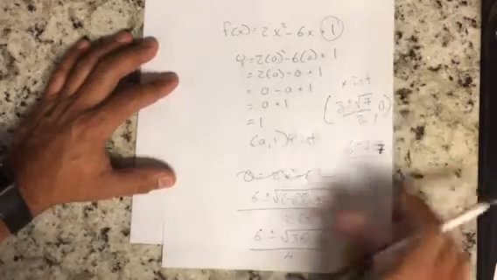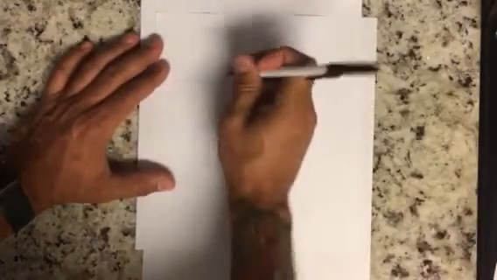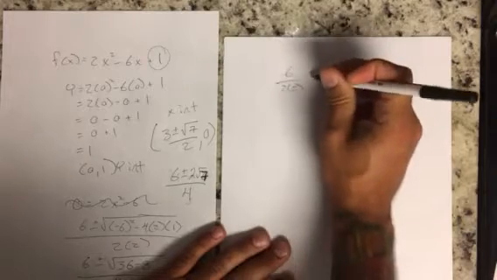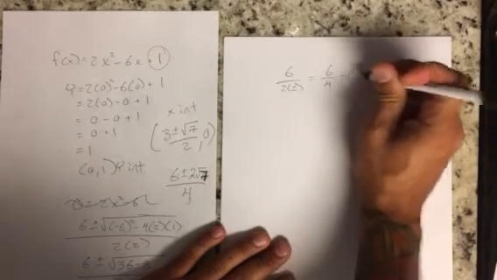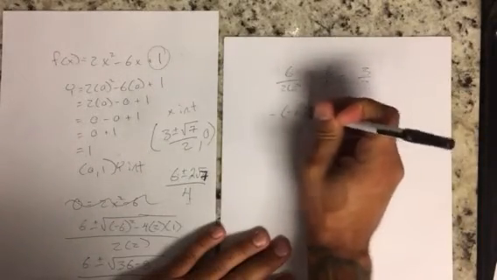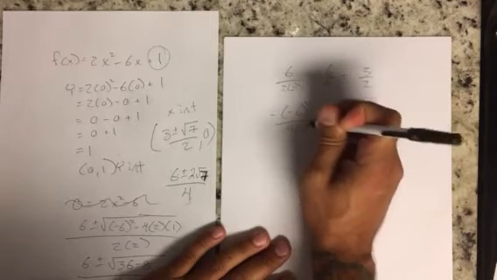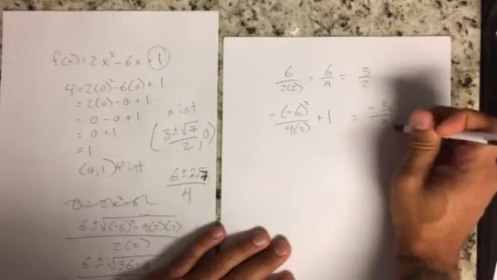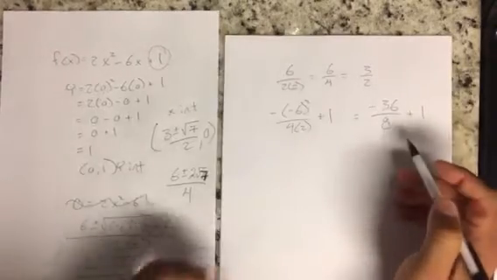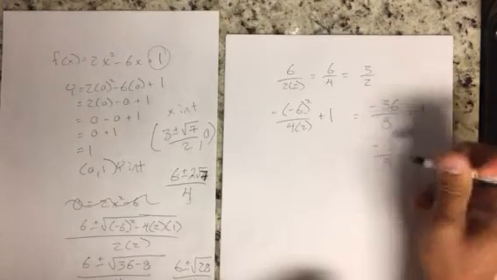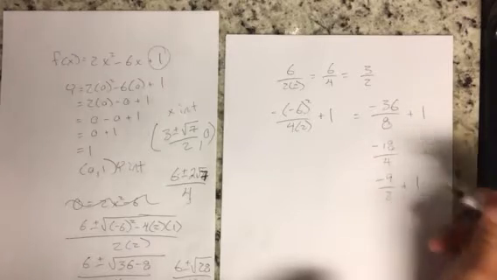Y-intercept, x-intercept. I'm going to find the vertex. I'm going to use another paper so we can still look at this. The vertex is negative b over 2a, and then negative b squared over 4 times a, plus c. Negative 36 over 8, negative 18 over 4, negative 9 over 2 plus 1.